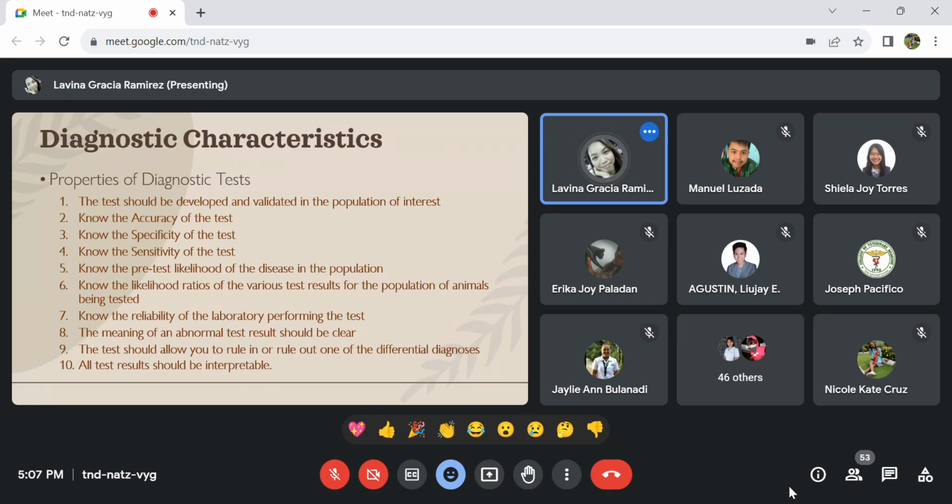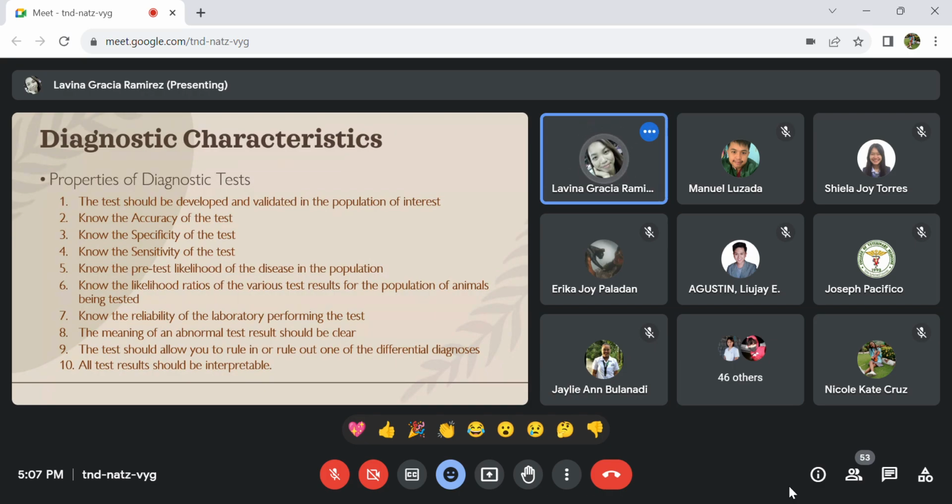Okay? So, basta always remember that if you are trying to make a diagnostic test, you need to consider all this accuracy, specificity, sensitivity, the likelihood of test results in the populations, in the disease populations, and the reliability or repeatability, okay, of those tests.